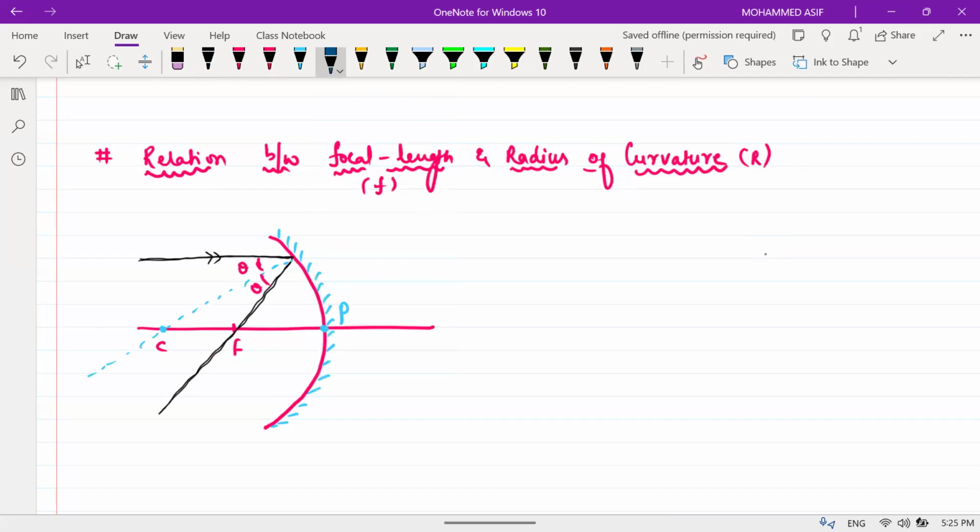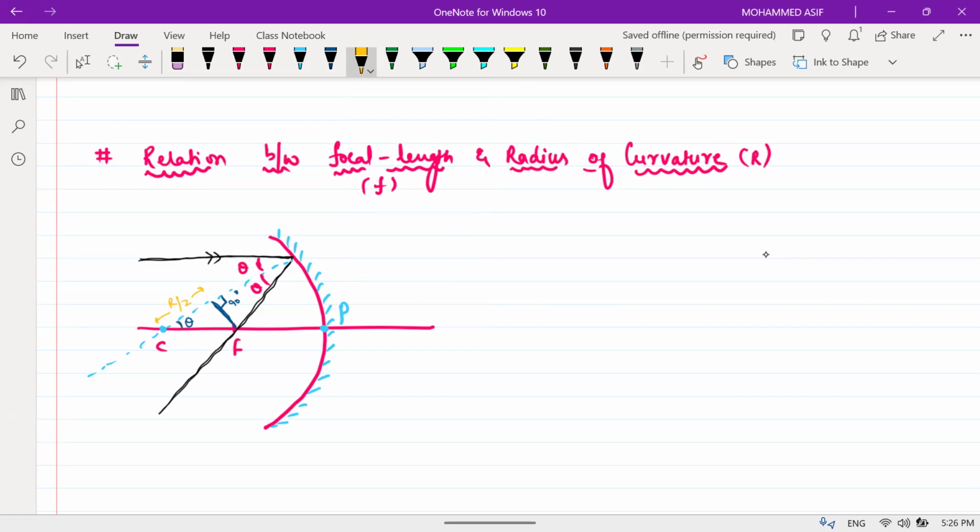Now from the focus to this normal, if I draw a perpendicular, it makes an angle of 90 degrees. So if this is theta, obviously this one is also theta. Clear? Make sure of this one: from here to here, this distance will be equal to R by 2.